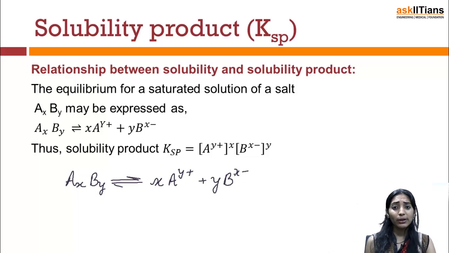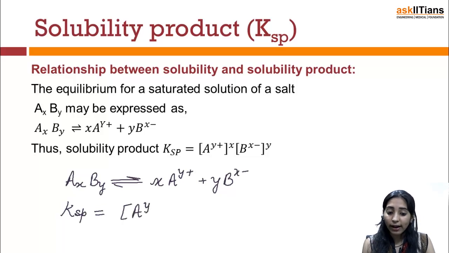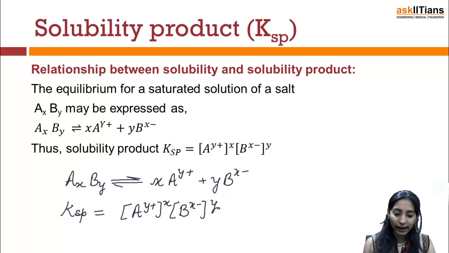This is the equilibrium which will be established in the solution. Now, to write the solubility product as defined, it will be the concentration of Ay positive raised to the power x multiplied by the concentration of Bx minus raised to the power y.